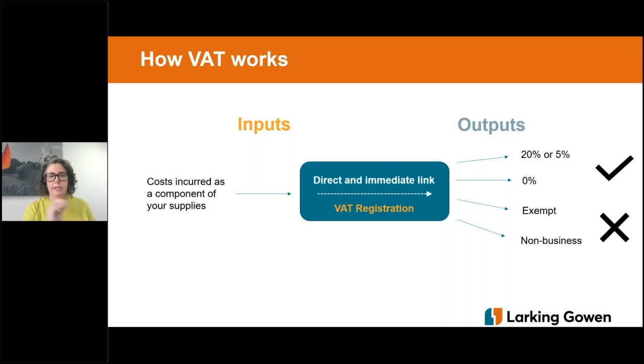If you've got a cost that links wholly to an exempt output, you can't recover the VAT unless you're in the de minimis provisions that we'll talk about later. And if you've got costs that relate wholly to a non-business activity that you're undertaking, you cannot recover the VAT.